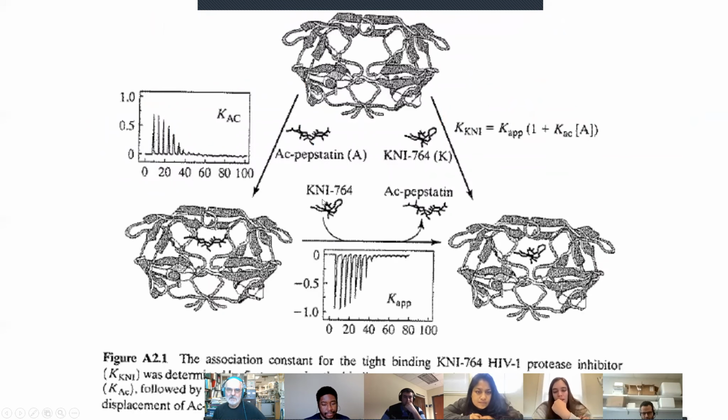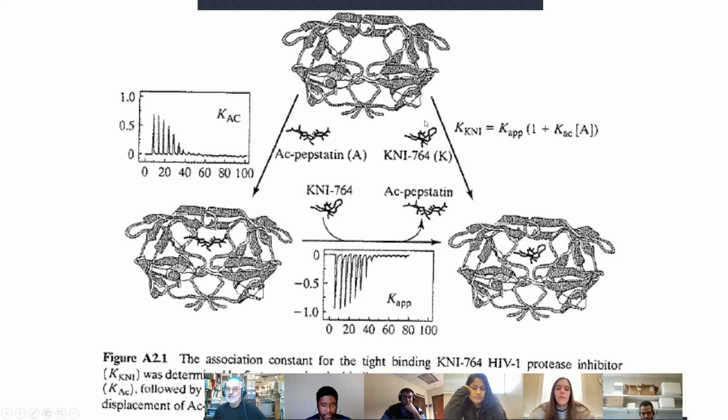And when you displace the reaction, there's this competition that allows you to get the sum of two reactions. You're competing something off, and you see both of those reactions occurring simultaneously. So you essentially have the sum of two heats, and you get what looks like a normal titration curve.